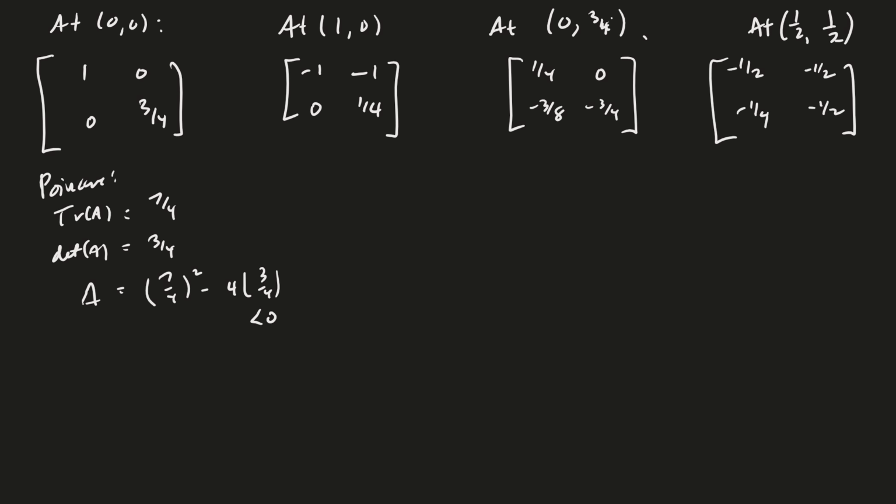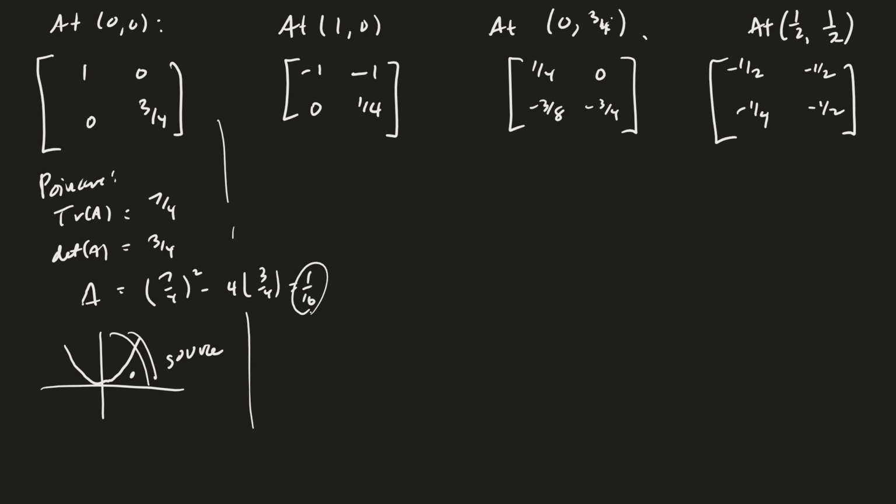And so that actually gives us, oops, hang on one sec. That actually gives us a positive 1/16. Okay, and so therefore, in the Poincare diagram, positive, positive puts us in this quadrant, and then if this is positive, that puts us out here, so this is a source. Kind of what we would expect for the origin.